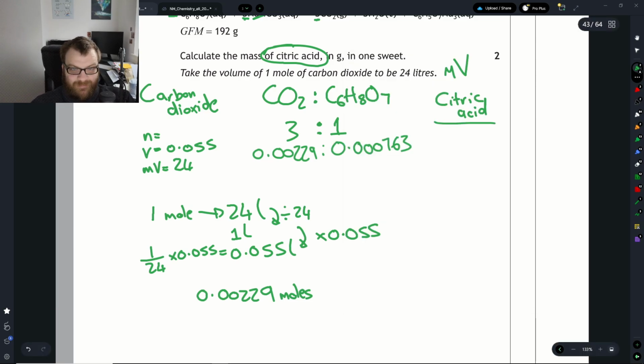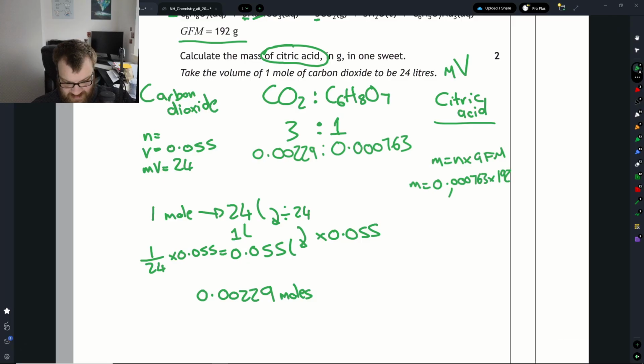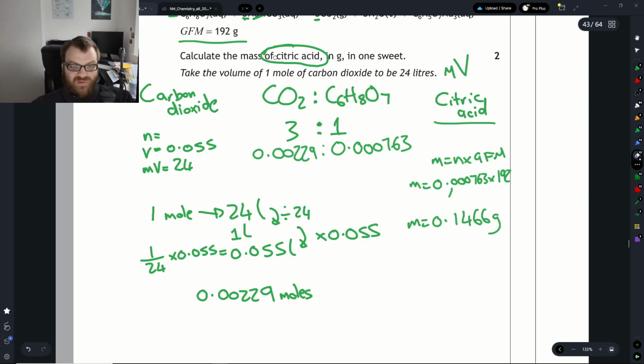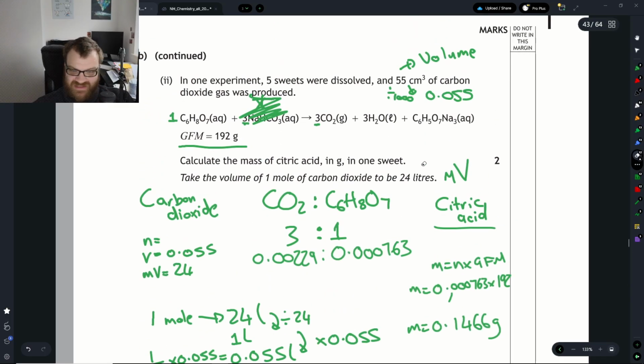Then we're asked about the mass of citric acid. So m equals n times GFM. m equals that tiny number times 192. With this question, we're almost there, not quite, because it does say that we want it for 1 week.